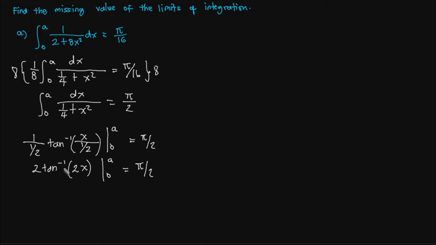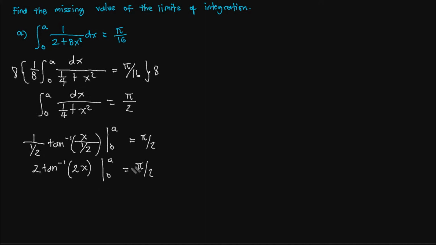Now you can always check by differentiating this. If you differentiate, that becomes 1 over 4x squared plus 1, times 2x. So you'll be able to factor out 4x, and you'll be left with this expression.